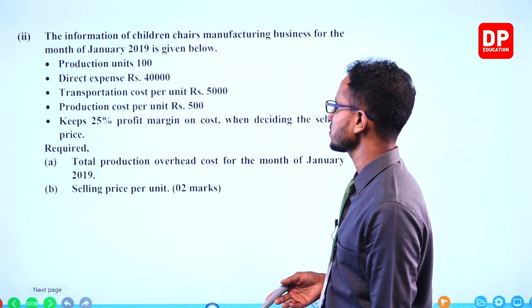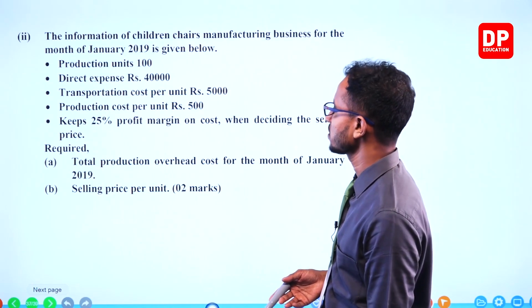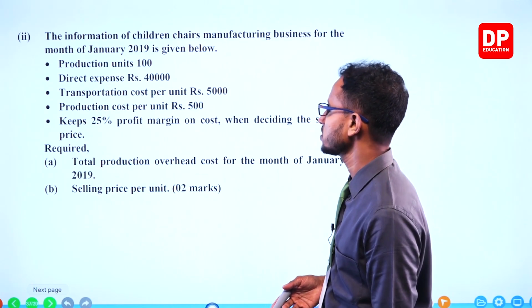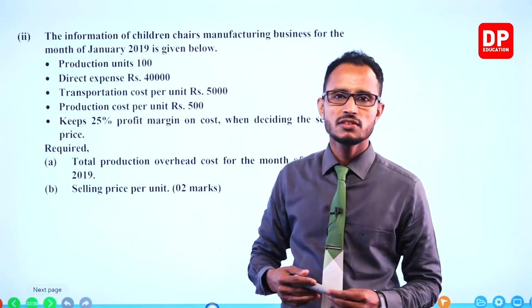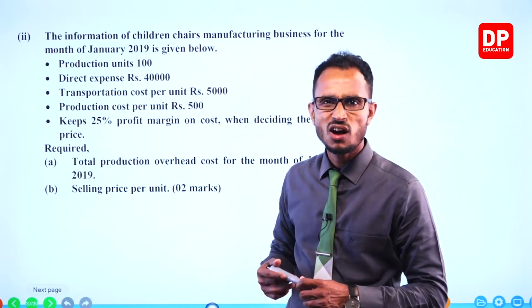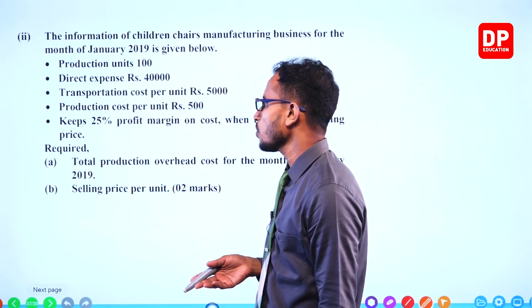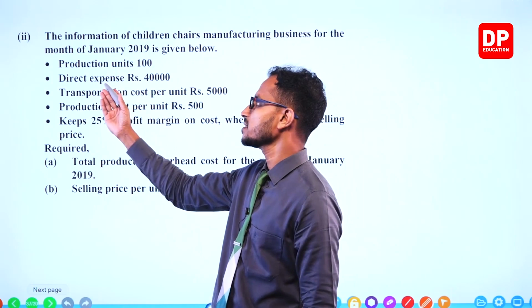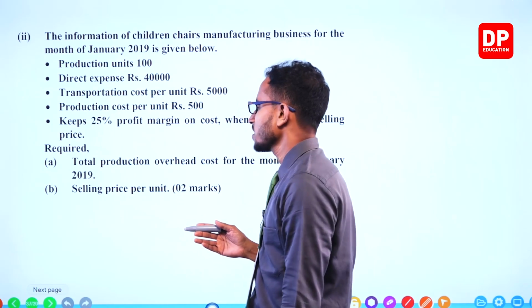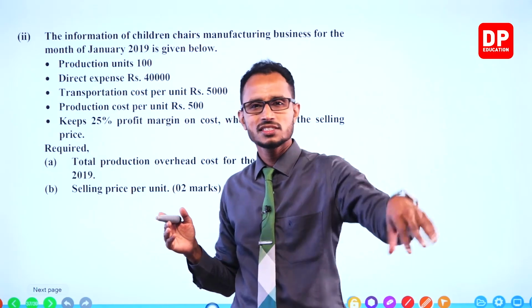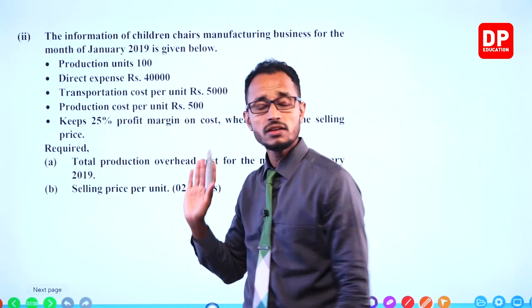Production cost per unit 500. It's kind of odd, kind of unreal, right? All the direct costs is 40,000. Just forget direct expenses. The production cost per unit is 500.